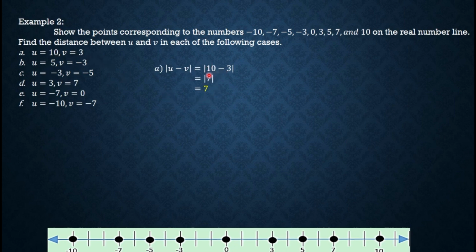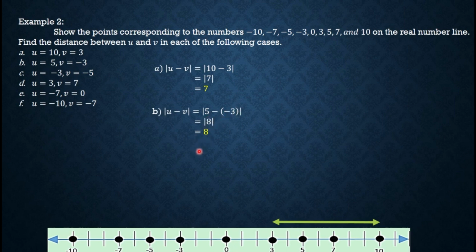So, 10 minus 3 is equal to 7. Then the distance is 7. Let's check. If U is 10, then V is positive 3. Okay, the answer is correct. The distance from 3 to 10 is 7. Then, if U is 5 and V is negative 3, so 5 minus the quantity of negative 3 equals the absolute value of 8.